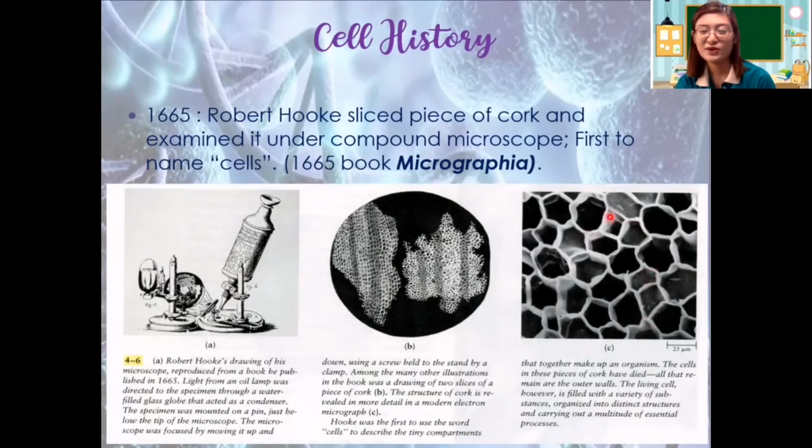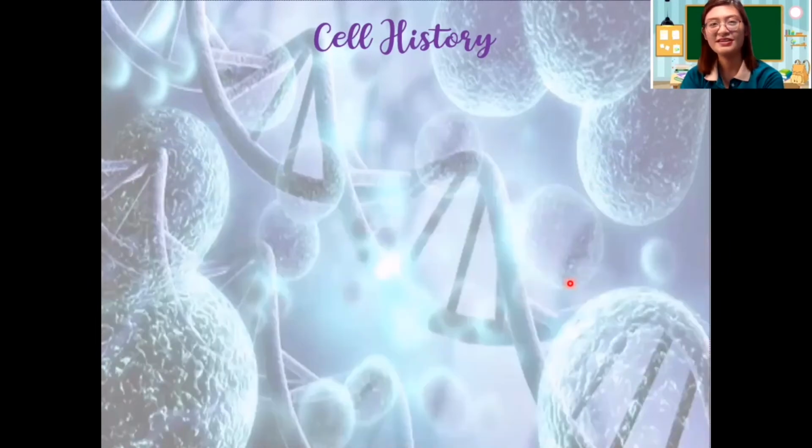What is left here are actually the cell walls, which are made up of a substance called cellulose. This is the only part that is left when the bark of a tree dies. So thus, he coined the term cells.